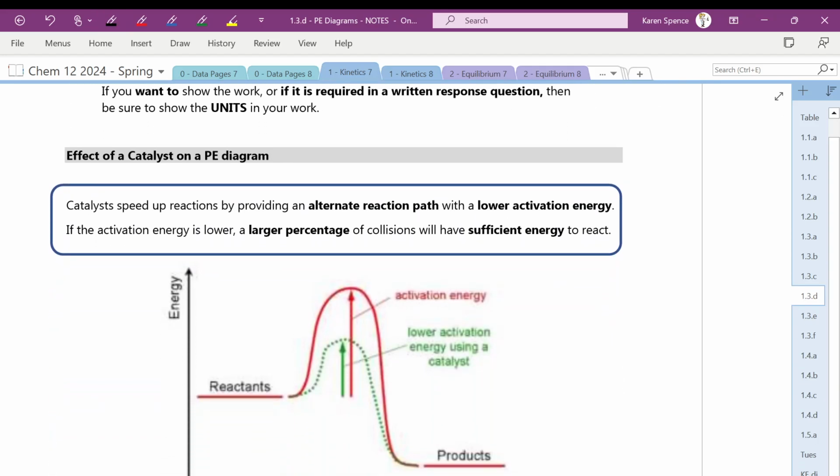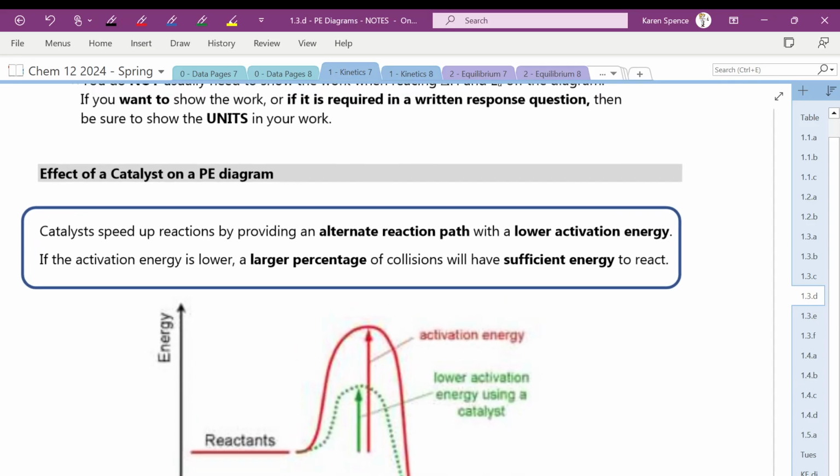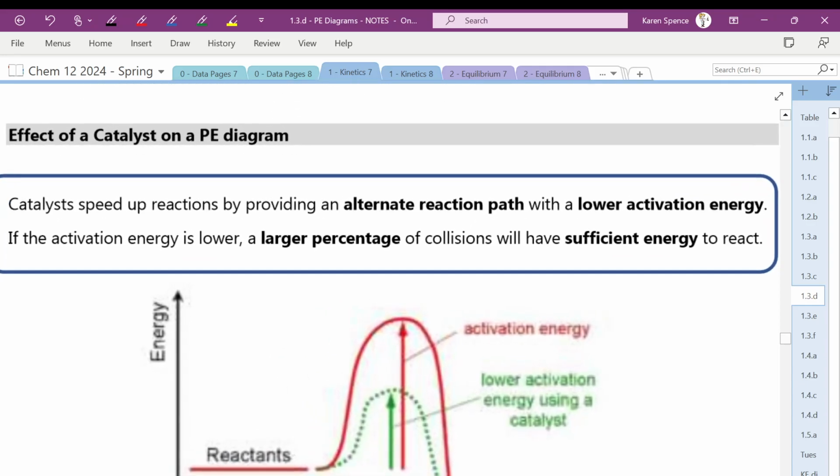So you remember things in boxes are important and things in bold are important. So what are we adding to that explanation here? I want you to read it and say, what are we adding to that explanation in the first sentence? So take a look at that first sentence.